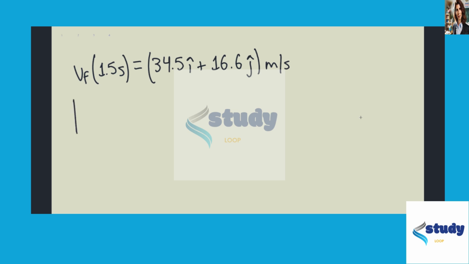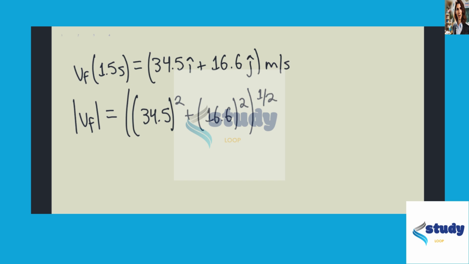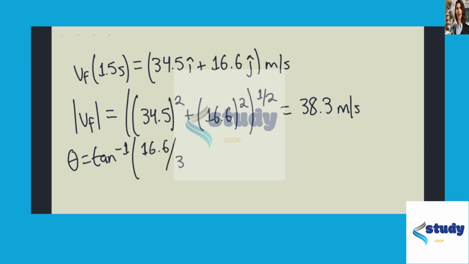Let's find the magnitude of the final velocity after 1.5 seconds. This would be 34.5 squared plus 16.6 squared, all to the 1/2 power. This is giving us 38.3 meters per second. And to find the angle, we simply take arctan of the y component divided by the x component.